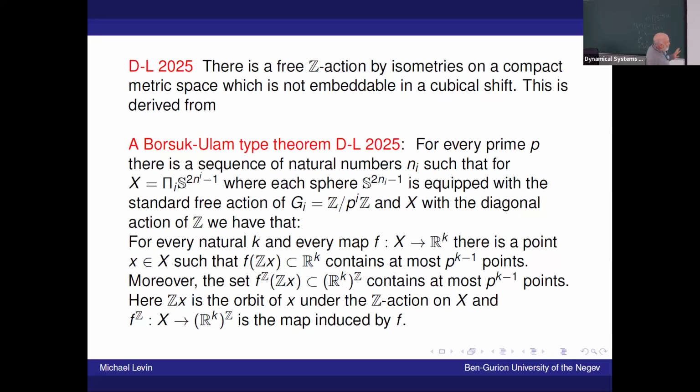The additional property says that if we consider the extension of the map induced by F, then we get exactly the same property. Okay, so this is the equivariant map. The image of the orbit will have at most p to the power of k minus 1 coordinates in the sheet.